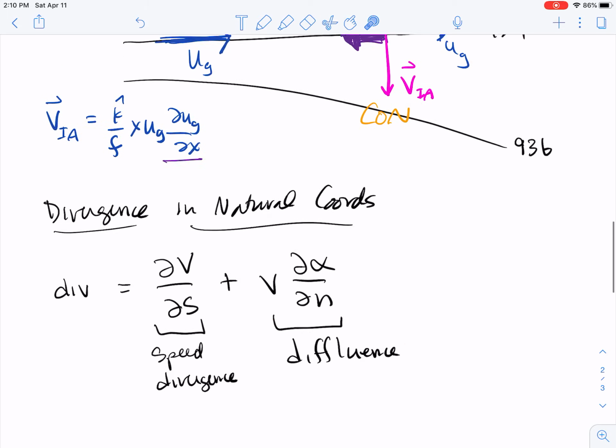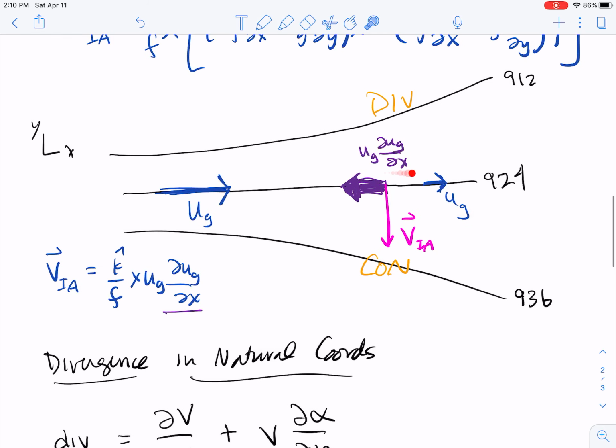The only one that we know for sure is this northern side in the northern hemisphere, where we know that the divergence should win out even when considering our speed divergence and its effect on the inertial advective wind.